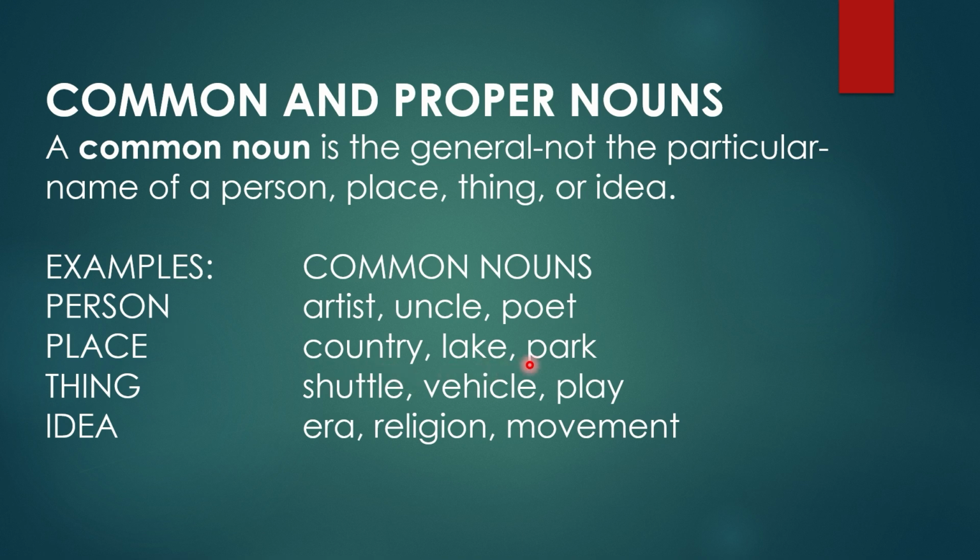Place: country, lake, park. Thing: we have the shuttle, vehicle, or play. And idea: an era, religion, or movement. That's the common noun. Common, it's written in a small letter.